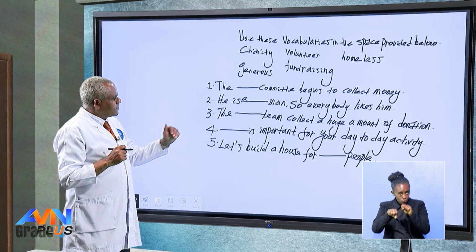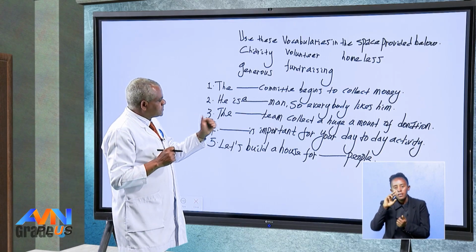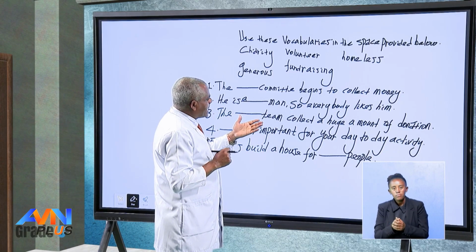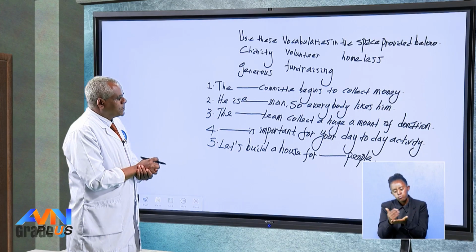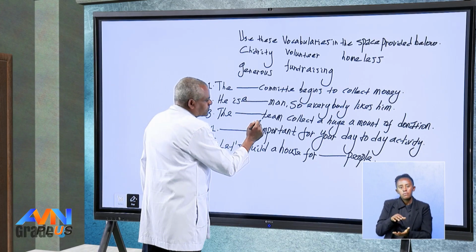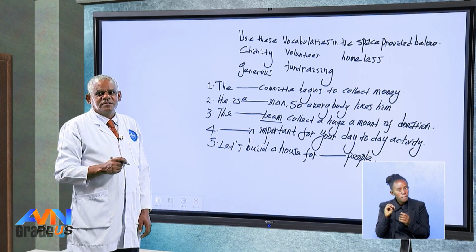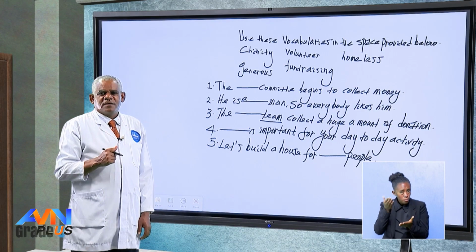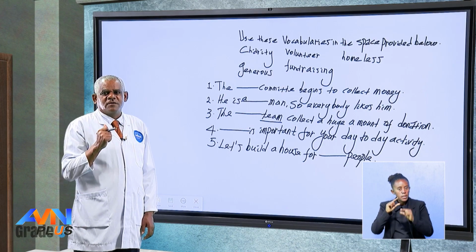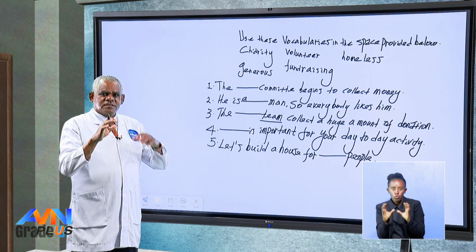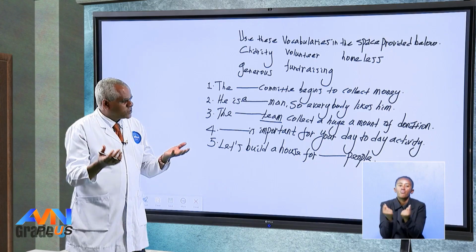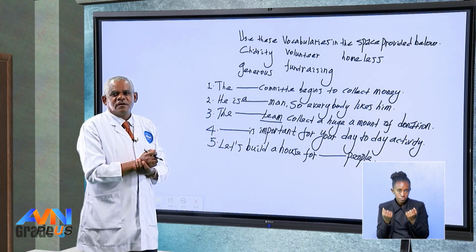So, the charity team collects a huge amount of donation. You know why? Team is a collective noun, students. You learned it in the previous grammar parts. So team is a collective noun, referring to a group. That is why I use the verb here without S.